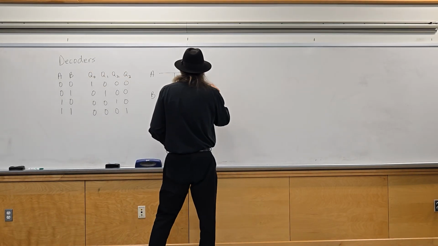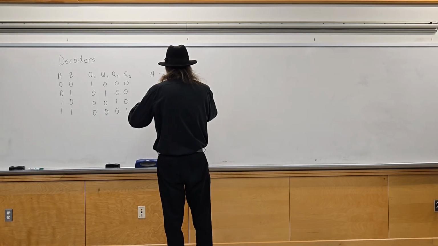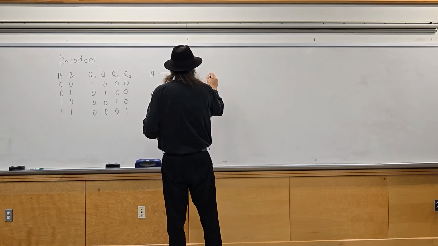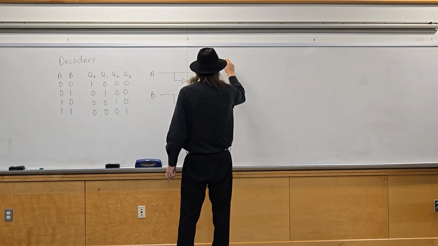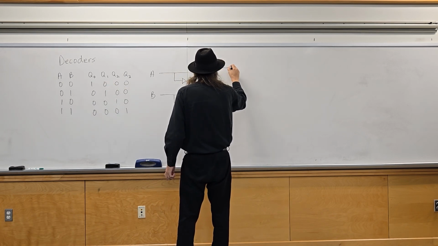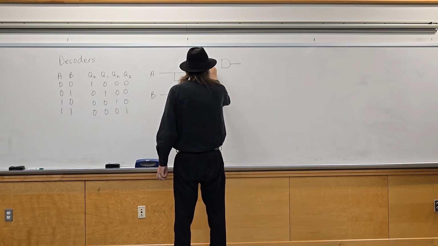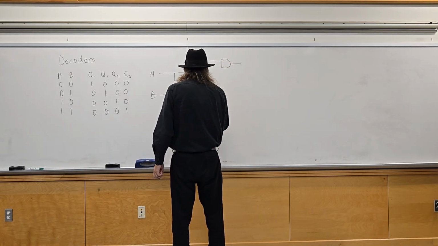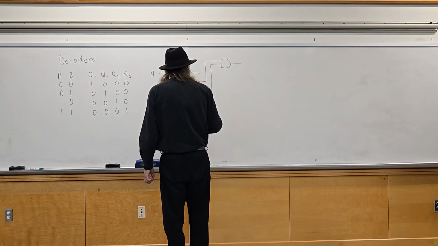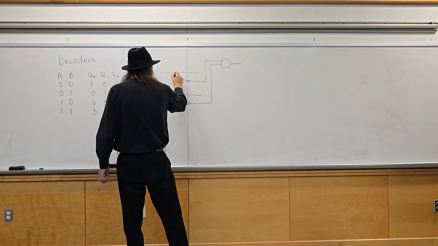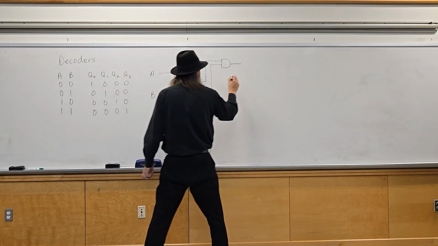So 0, 0, Q0, would be an AND gate. It'd be not A and not B, for Q0.